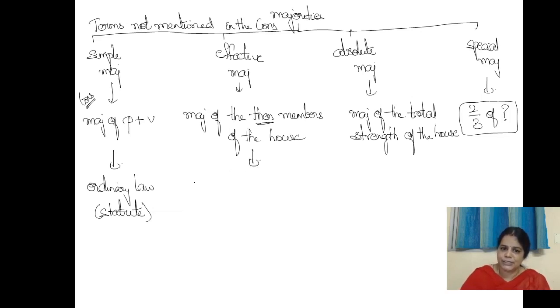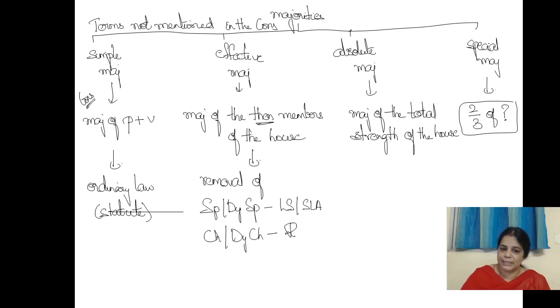Effective majority is used only for removal of the Speaker and Deputy Speaker of Lok Sabha and State Legislative Assembly, and the Chairman and Deputy Chairman of Rajya Sabha and State Legislative Council. For this we use effective majority.